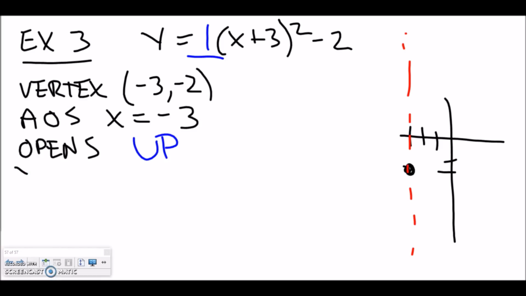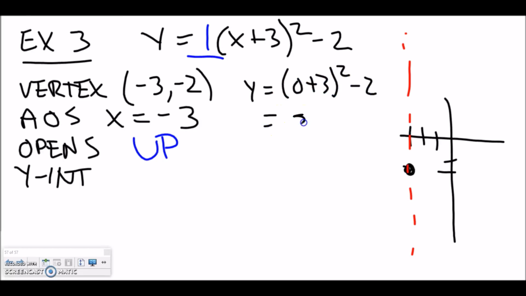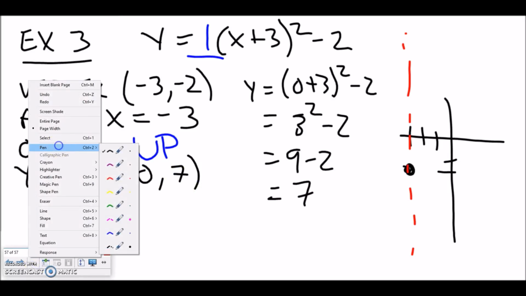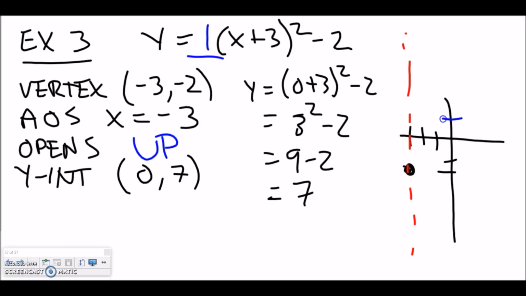Figure out our y-intercept. Let x equal 0. (0 plus 3) squared minus 2 equals 3 squared minus 2 equals 9 minus 2 equals 7. So (0, 7). And we can graph that: 1, 2, 3, 4, 5, 6, 7 up there.